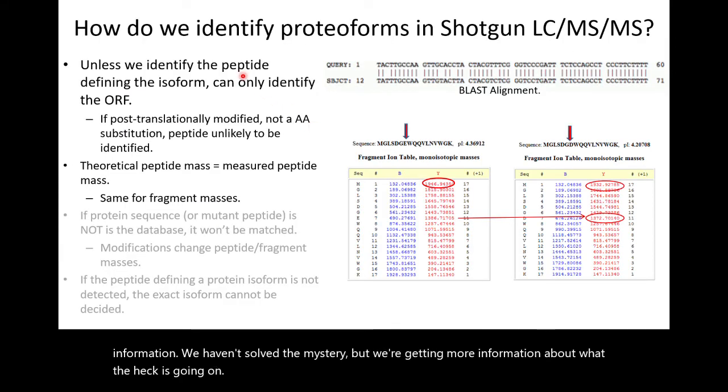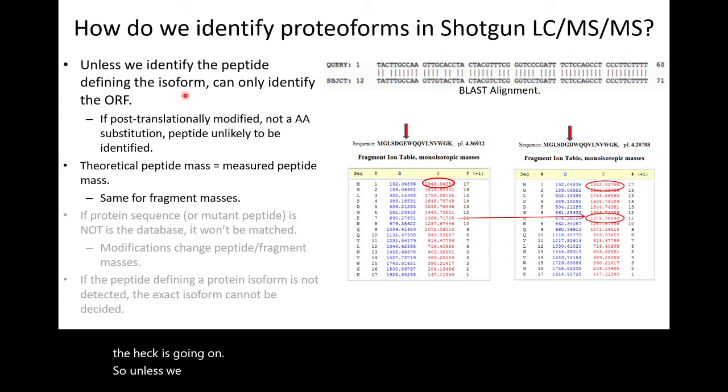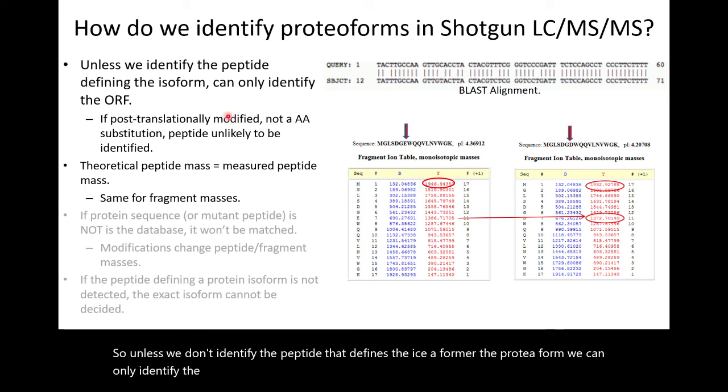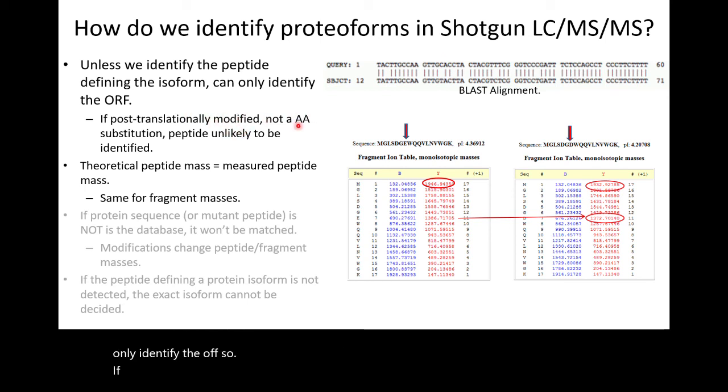So unless we identify the peptide that defines the isoform or the proteoform, we can only identify the ORF. If it's post-translationally modified, rather than an amino acid substitution, it's unlikely that things are going to get found.